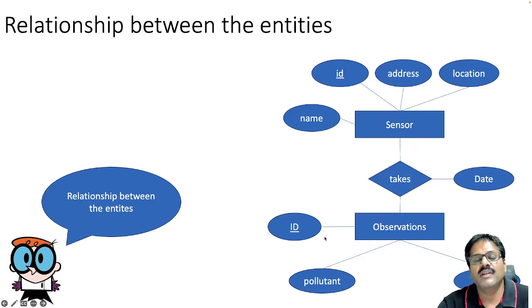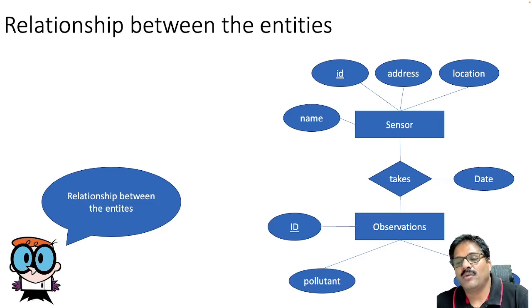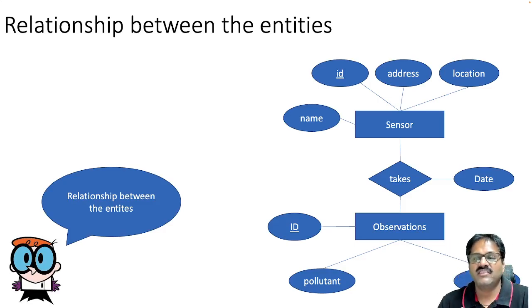So this tells us about the entire system, how the elements within the system are related to one another. This is at the abstraction level because there is no data involved in it yet. The beauty of the ER model is its simplicity. You can see everything is so simple and easy to understand.